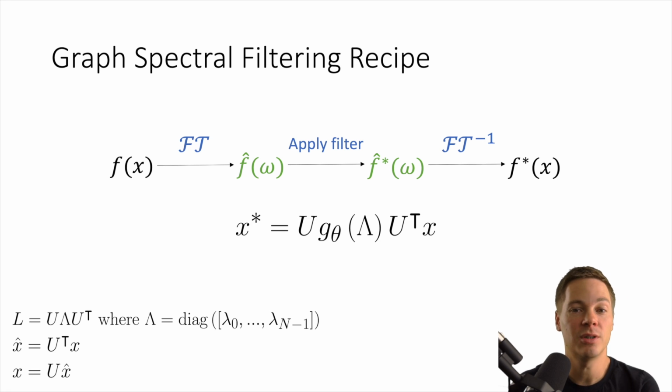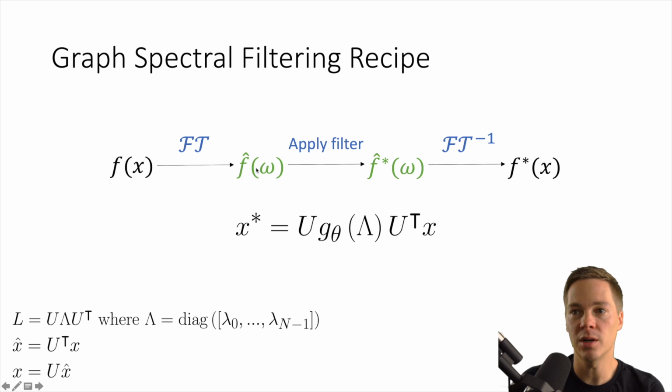In the last lecture, we showed that to take the Fourier transform in the world of graphs, what we need to do is calculate the eigenvalues of our graph Laplacian, and then we can get the Fourier transform of a signal by multiplying by the transpose of U, where U stacks up the eigenvectors as columns. And once we've done that, we've essentially put our signal into the space of frequencies.